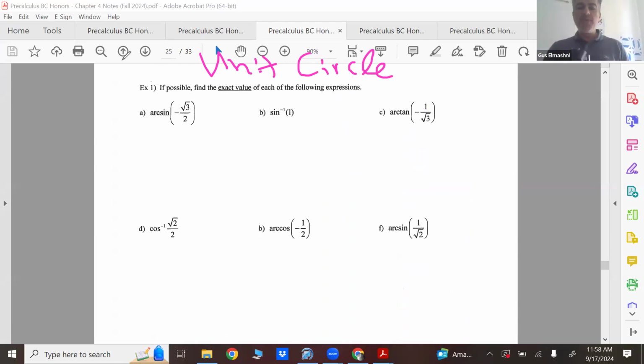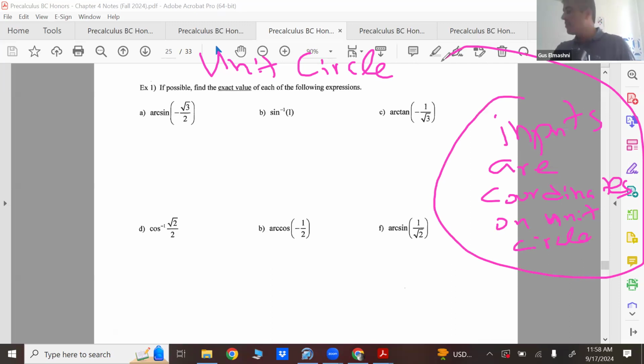So you have to do, so these are now, the inputs are coordinates on the unit circle. Okay, the inputs are coordinates in the unit circle.